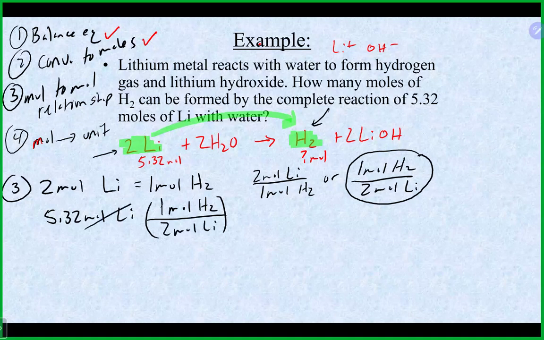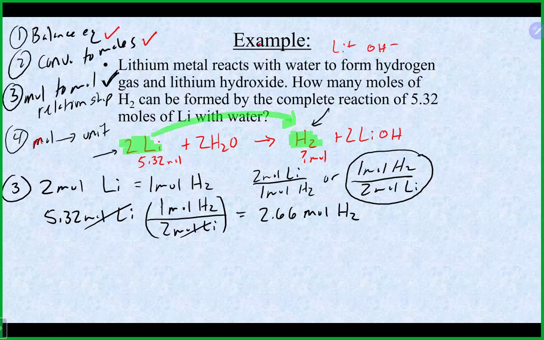And when I multiply and divide, the moles of lithium will cancel each other out. We'll take our 5.32 divided by 2, and we would end up with 2.66 moles of hydrogen. And that would take care of the stoichiometry step in this particular case. First off, any question on that there?